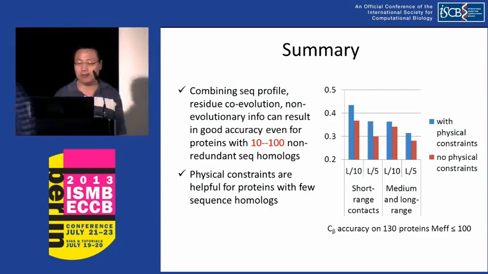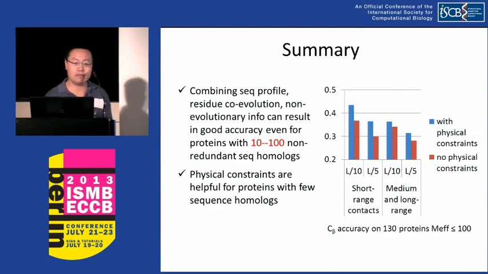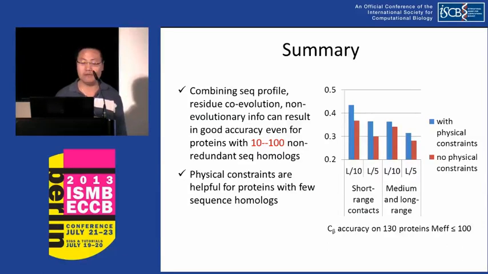By doing this, we can achieve good accuracy even for proteins with 10 to 100 sequence homologs. The second take-home message is that physical constraints are helpful for proteins with few sequence homologs. The right figure shows the performance difference of our method when we use physical constraints or when we don't. You can see that using physical constraints helps for proteins with few sequence homologs.